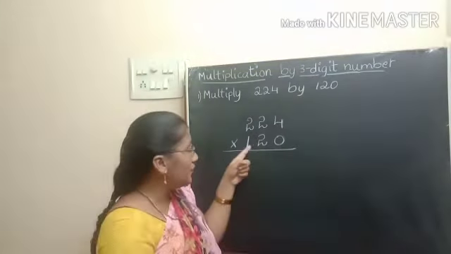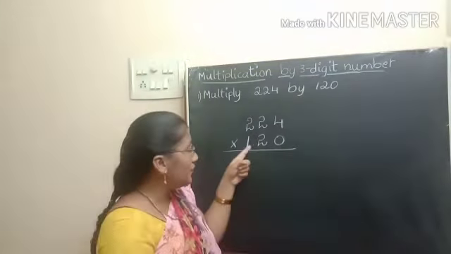Then take multiplication. First we should start from ones place. So take 1 into 4. 1 into 4 is 4 only. That is a single digit number, so we can write it directly here. Next, we should multiply 2 with 1. 1 into 2 is equal to 2.